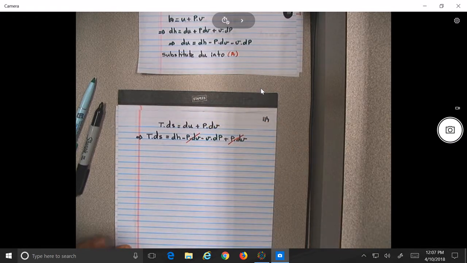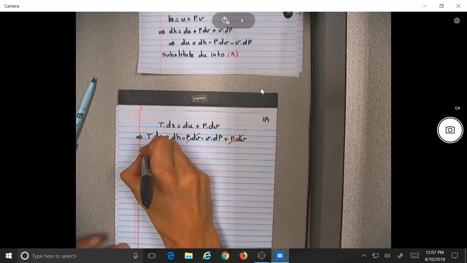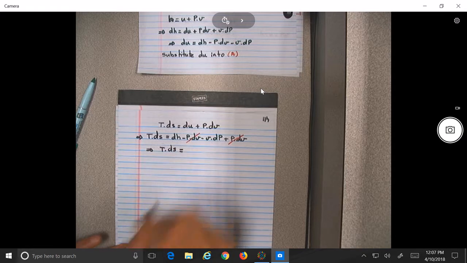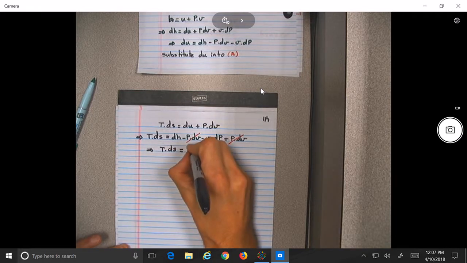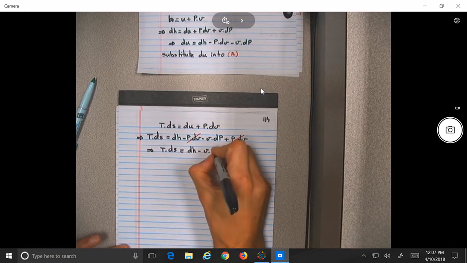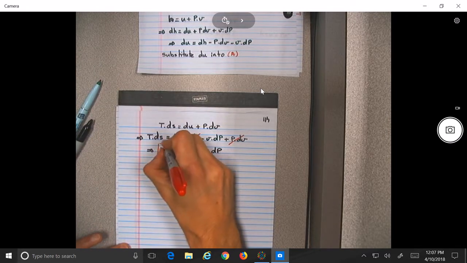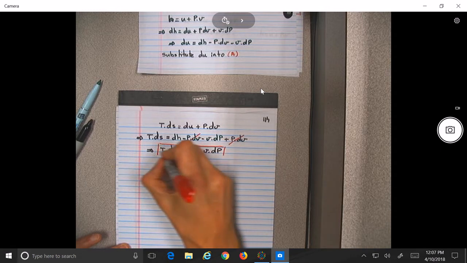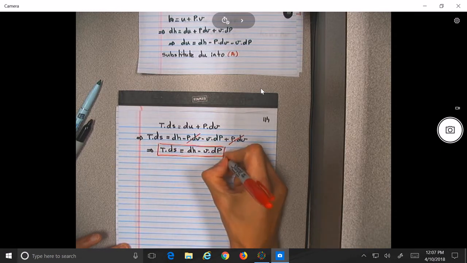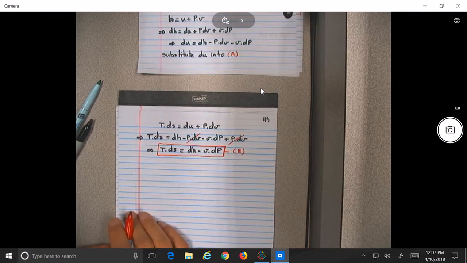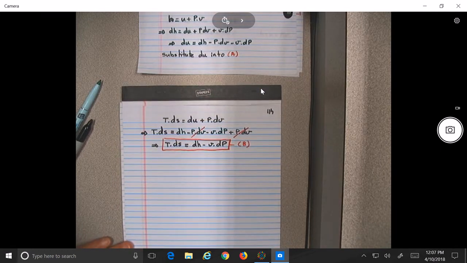These two cancel out. So at the end we have TdS equal to dH minus VdP. This will be our equation B.